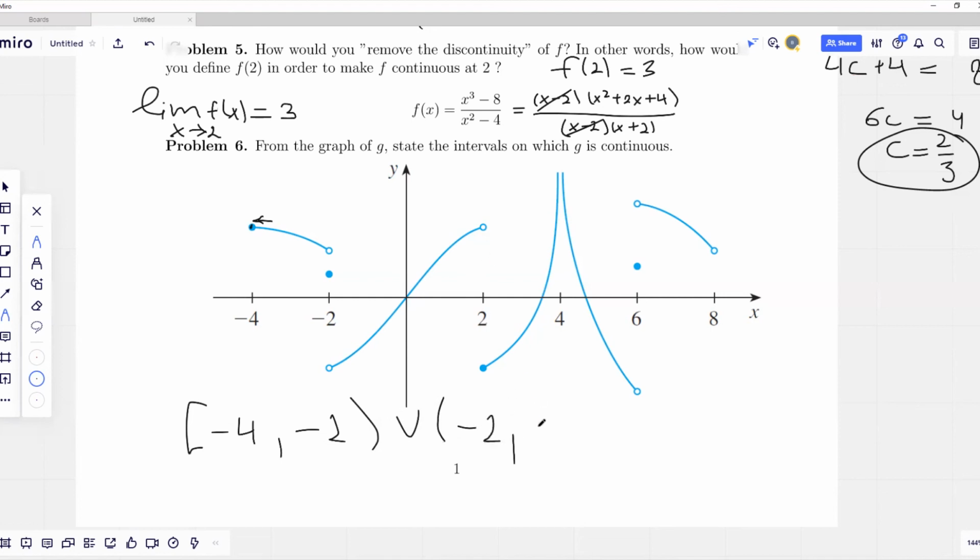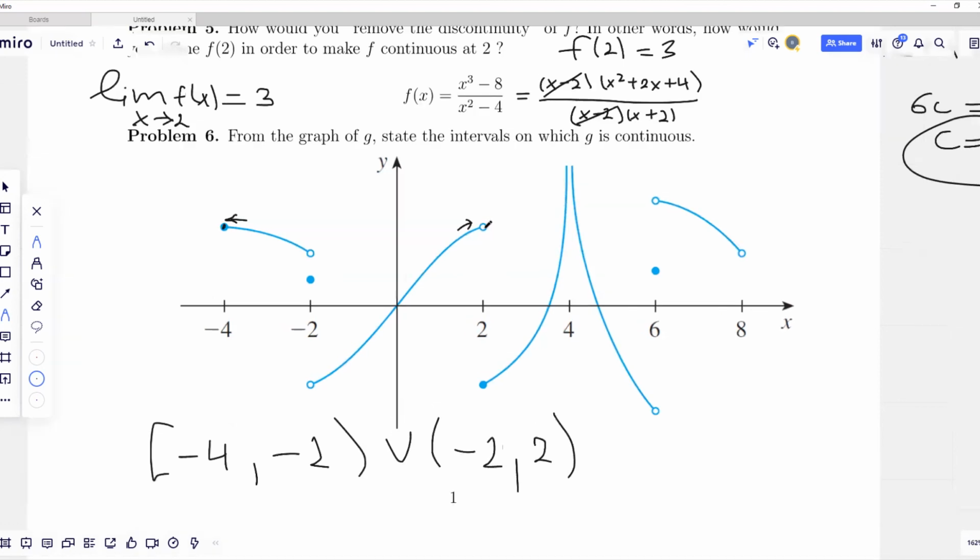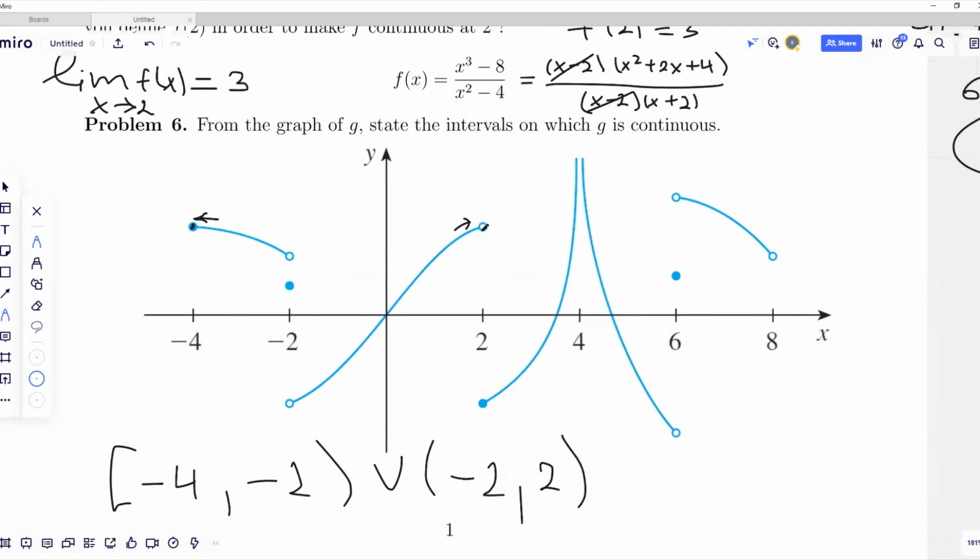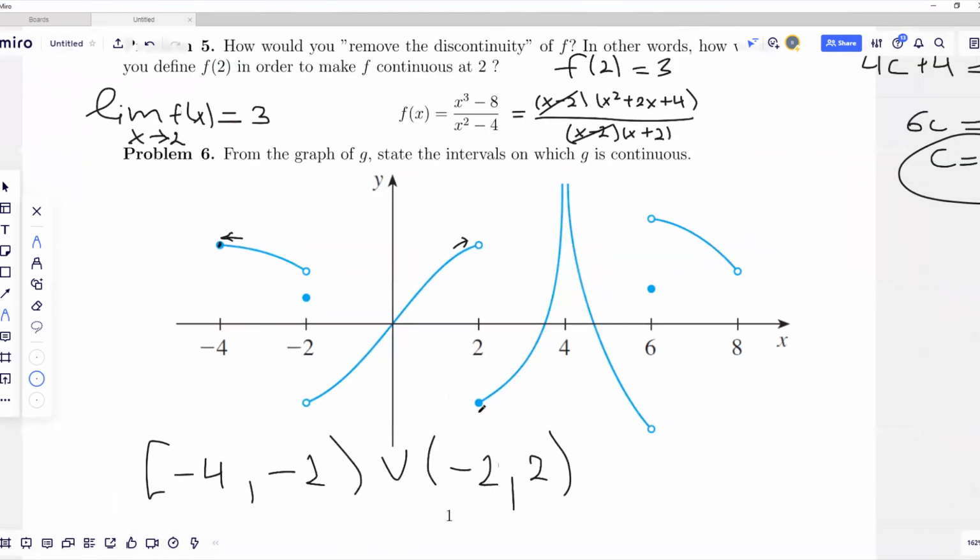At point 2, we again have a jump discontinuity, and it is not continuous from the left at point 2, since the limit as we approach that point from the left is not equal to the value of the function at this point, since the value at point 2 is defined over here.